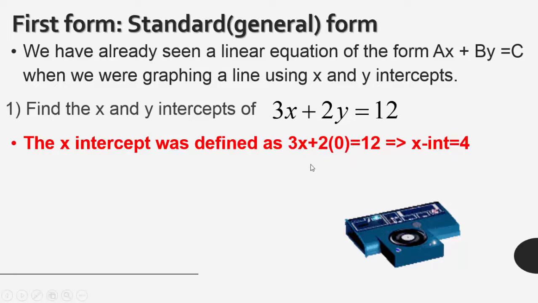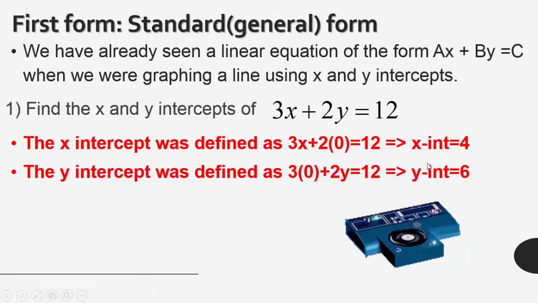As mentioned earlier, in order to get the x-intercept, we have to replace y by 0. So when y is 0, that part will drop out, and we find that 3x is equal to 12, and we divide both sides by 3, and that means the x-intercept is 4.